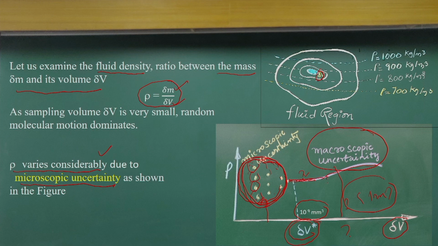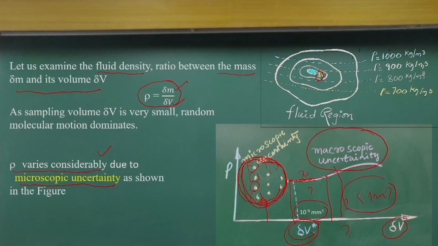So that's the reason we work in regions where the density doesn't vary with the sampling volume. That means our sampling volume is such that the fluid characteristics don't vary, as the random motion of the molecules is not playing a major role in varying those properties. So the indicator here is the sampling volume, which is 10 to the power minus 9 millimeter cube.